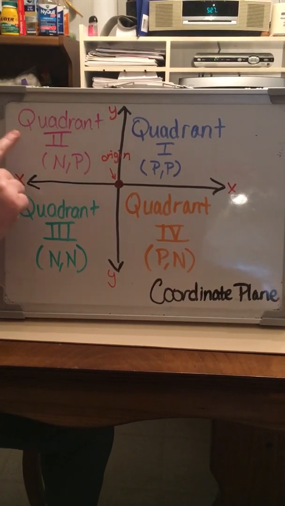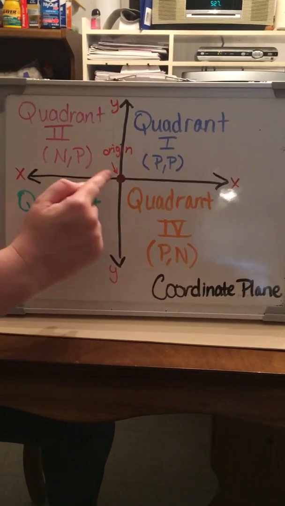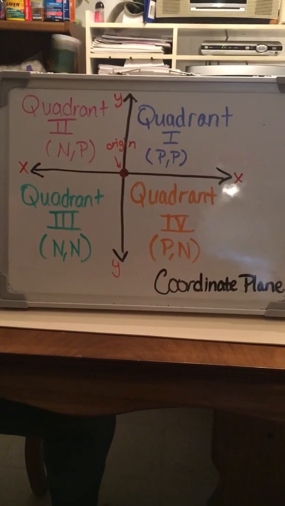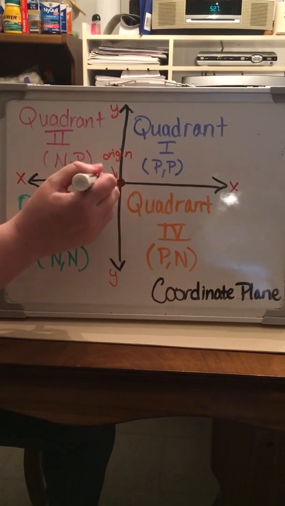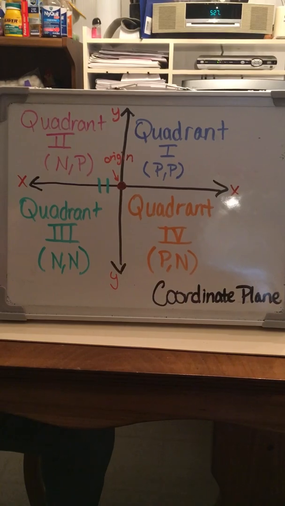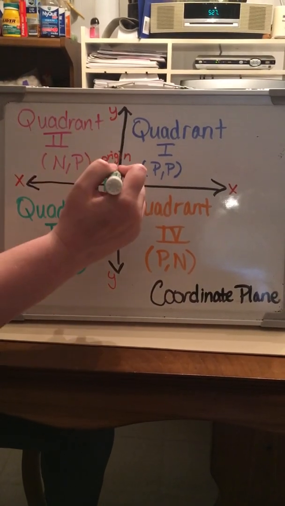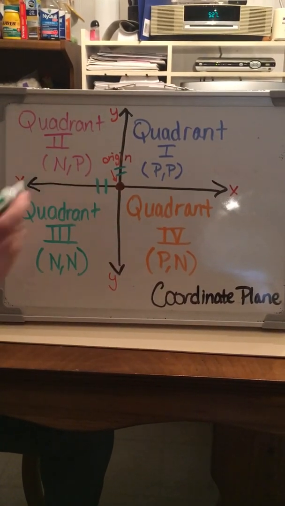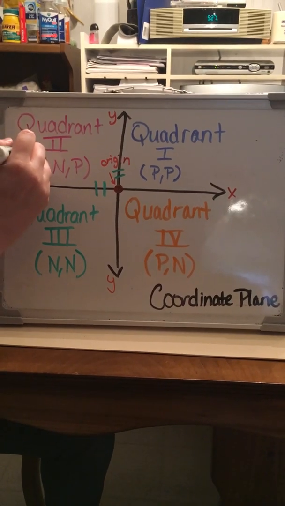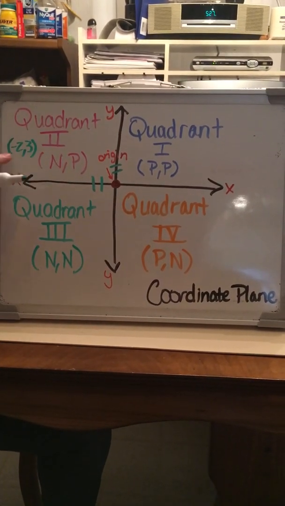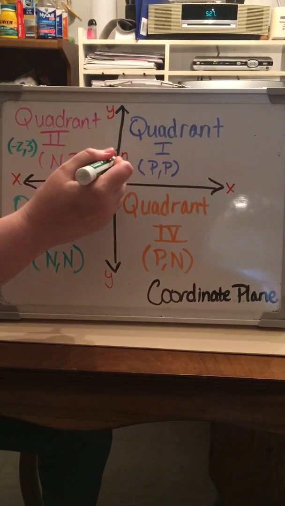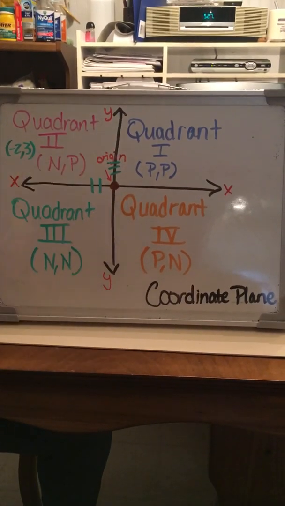In quadrant 2, you start with a negative number on the x-axis and go up a positive on the y. Maybe something like -2, 3, where you go over -2 and you go up 3.